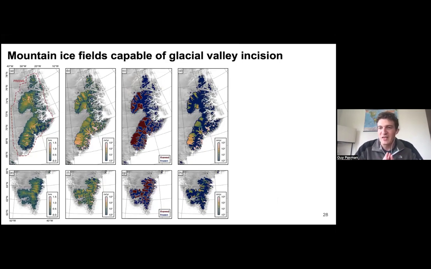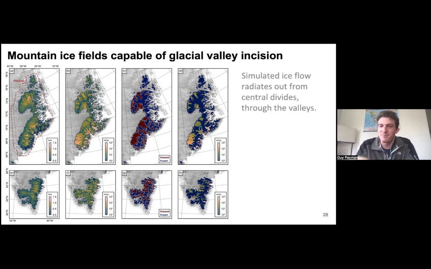So I'll show you here, just to zoom in, the best fitting model output. The model output seems to best fit the nature of the valleys there in the highlands. And you can see we get these mountain ice field type bodies, which would be much more capable of forming the types of landscapes we see in these areas, with ice velocities focused through the valleys that you see in these areas, and maybe warm-based erosive ice focusing through the valleys, causing them to be eroded, with maybe more cold-based ice present on the mountain peaks or in other areas, which might preserve some of those remnants of the inherited pre-glacial topography that I think we do still see hallmarks of in that landscape there.